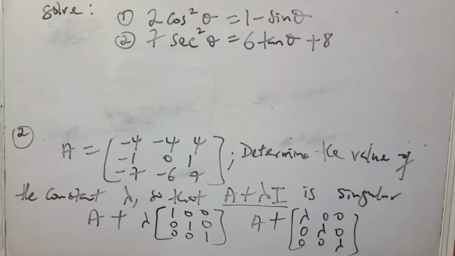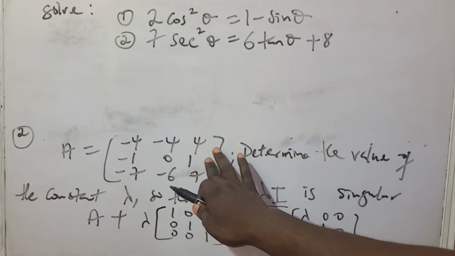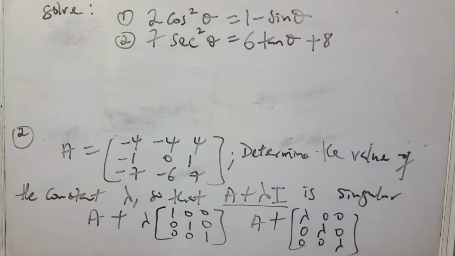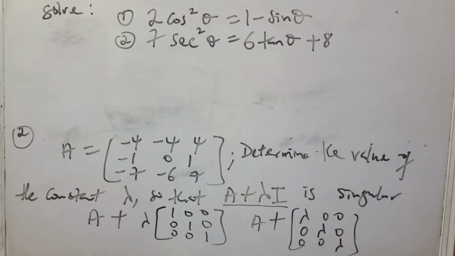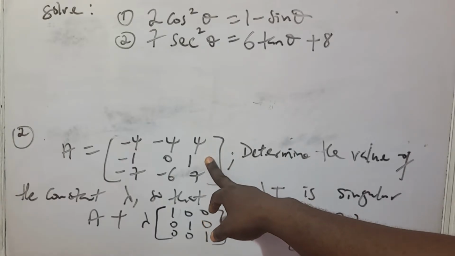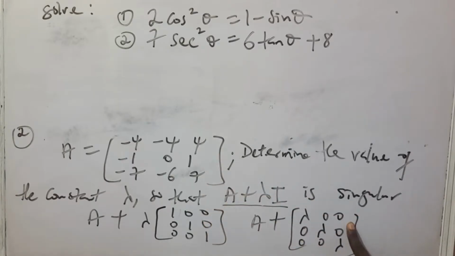If you understand matrix addition, the only criterion for you to be able to add two matrices together is that the two matrices must have the same dimension. They must be of the same order. Thankfully, we can see that this is a 3 by 3 matrix and this is another 3 by 3 matrix.